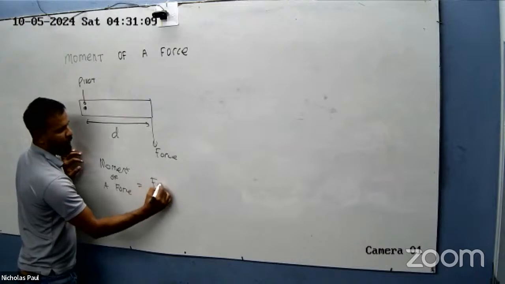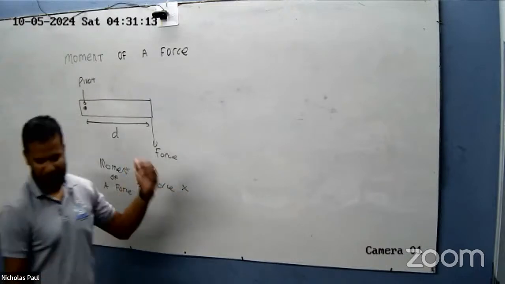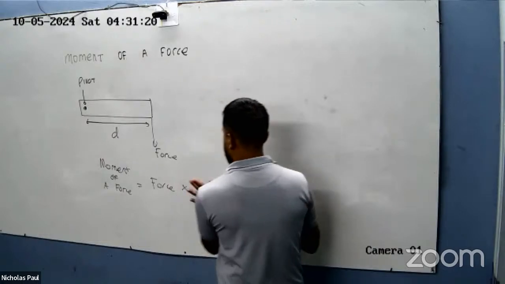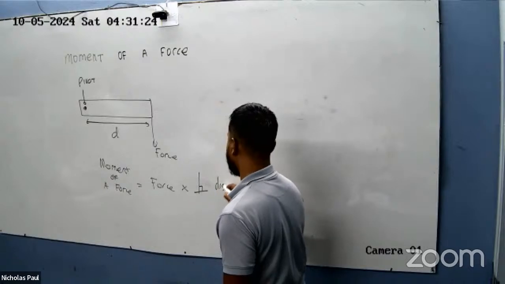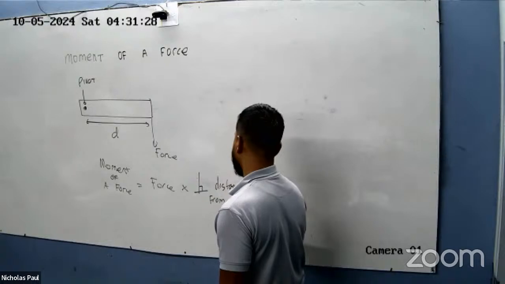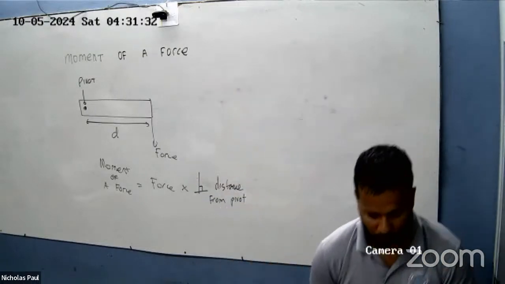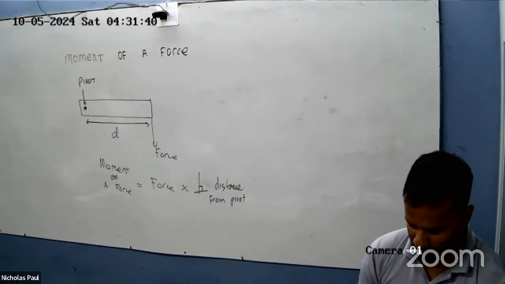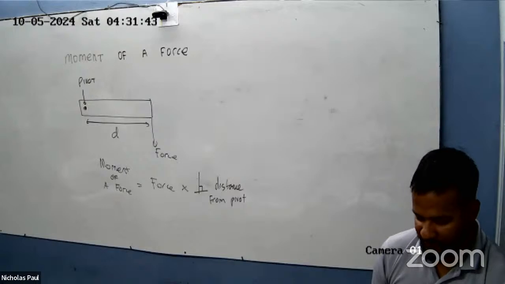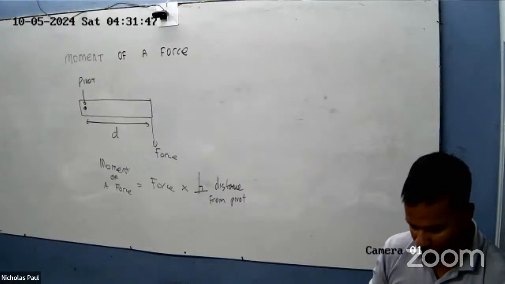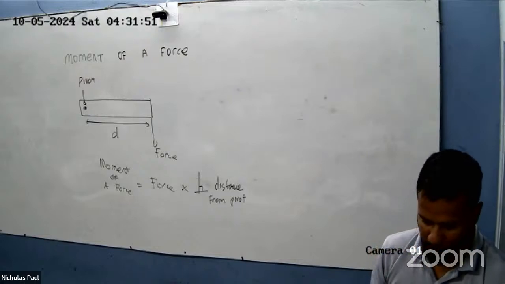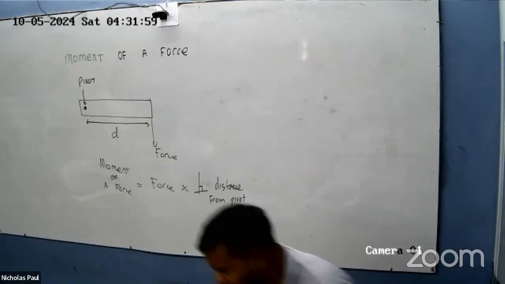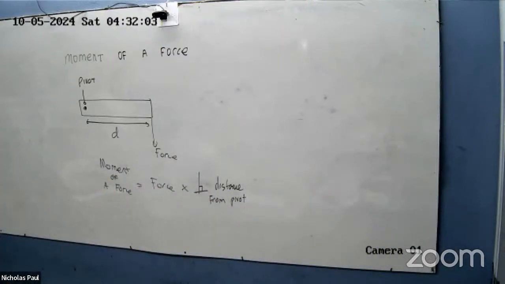It's the product of the force by the perpendicular distance from the pivot. Copy this down, I'll give you a formal definition.